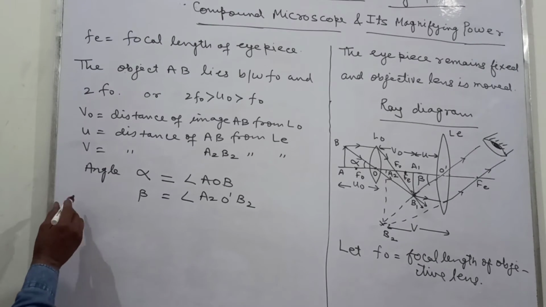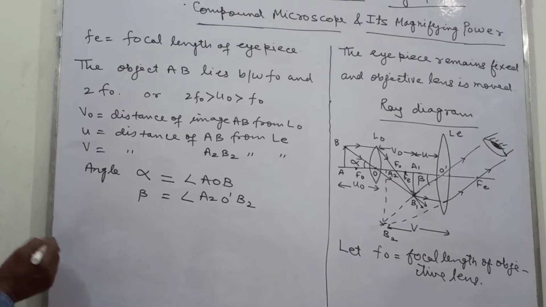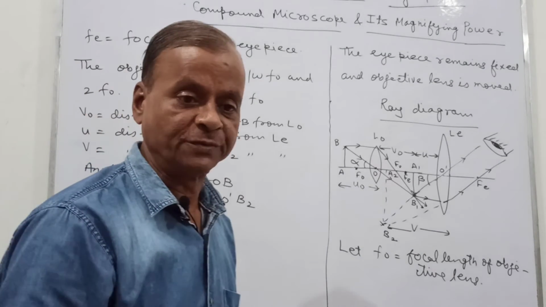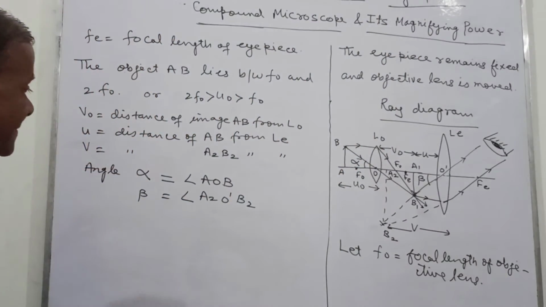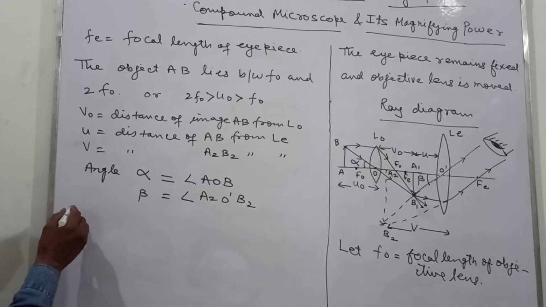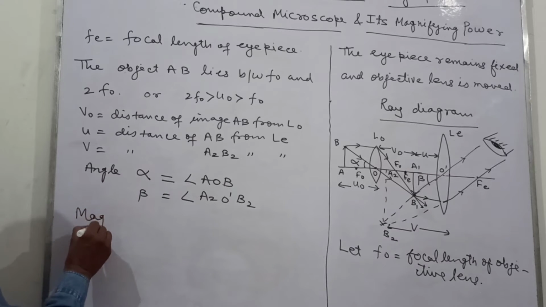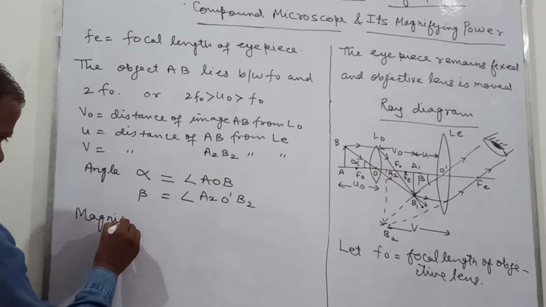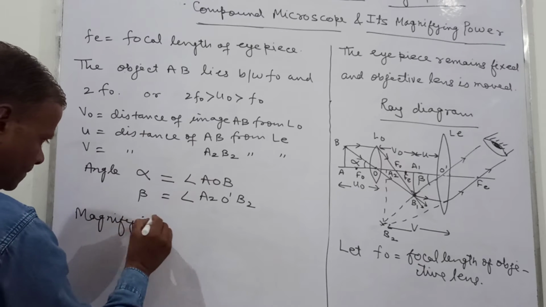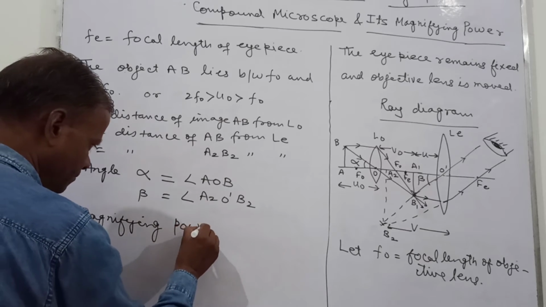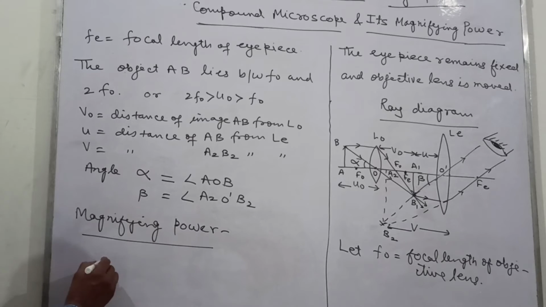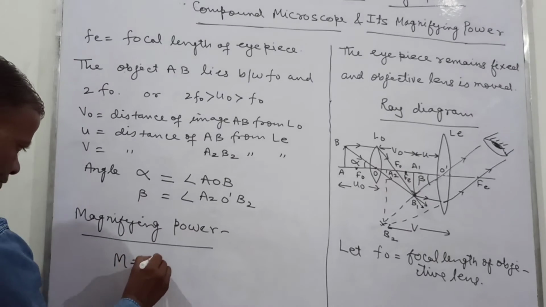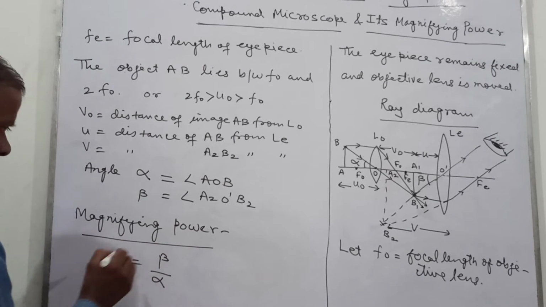And now we have to find the magnifying power. The final object is to find the magnifying power, which is equal to beta upon alpha.